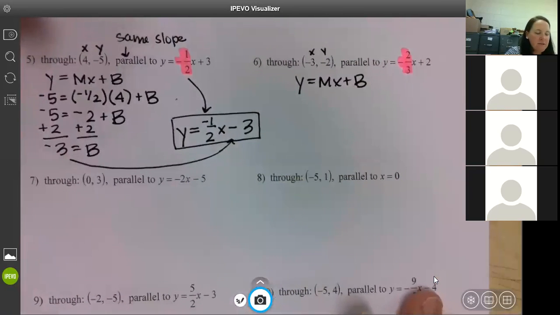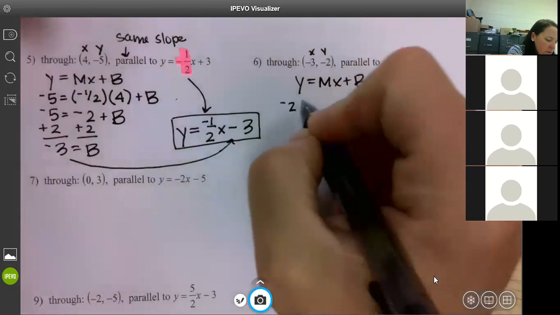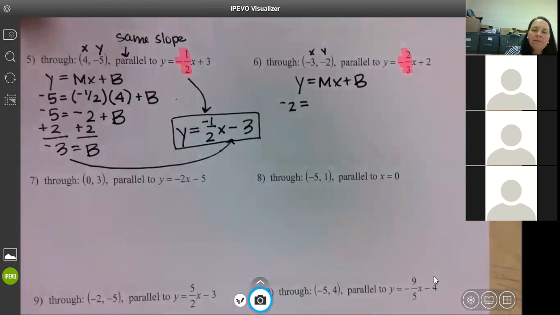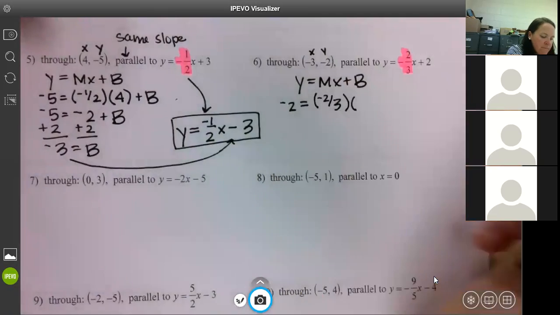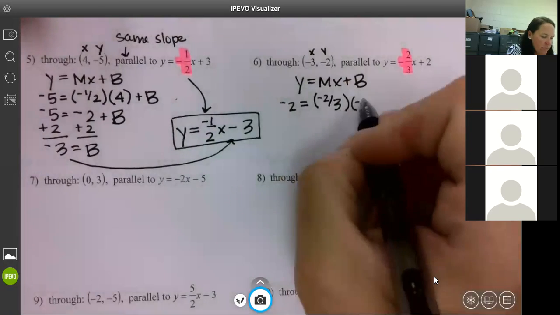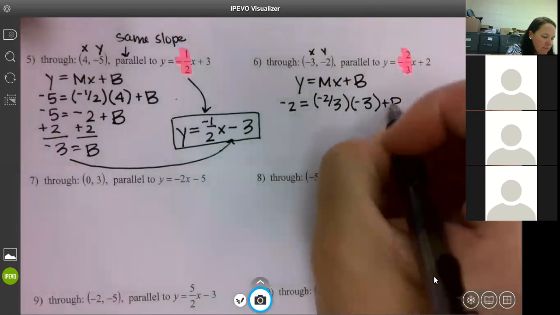Easy question, so answer quick. -2. What was the slope that we picked? Negative 2/3. Perfect. Somebody else, what's our x coordinate? -3, perfect. And then we just put plus b.